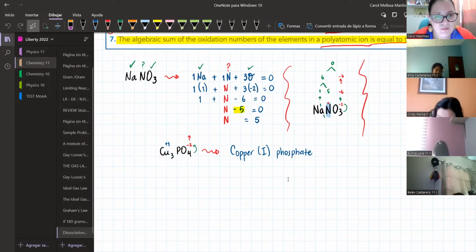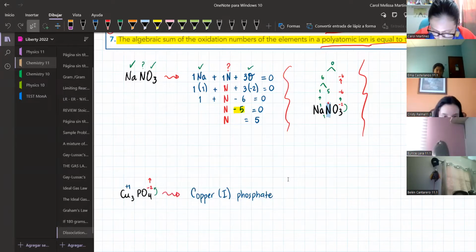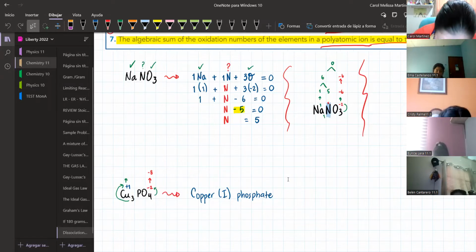4 and -2 is going to give me how much? -8. Okay. So from here, in the negative part, I got -8. In the positive part, I have 3 times +1, that is giving me plus 3.